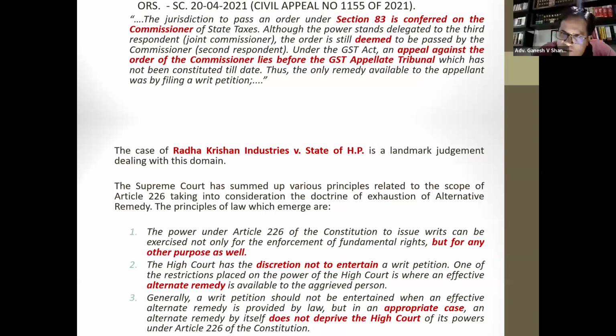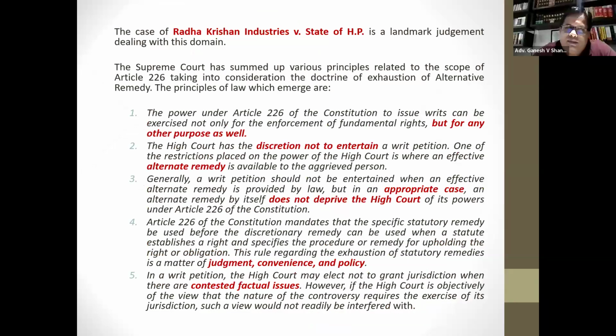This gives 5 broad parameters under which alternate remedy can be bypassed, and these can be kind of a Bible which one can follow to decide whether High Court should be approached for any of this SCN or order or first appellate order issued by the appellate authority.